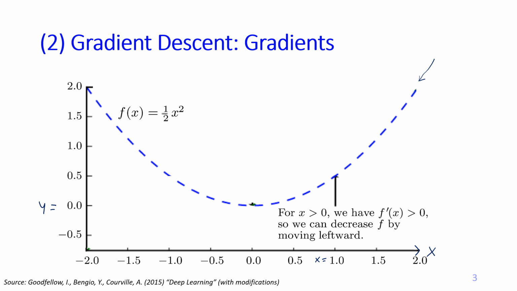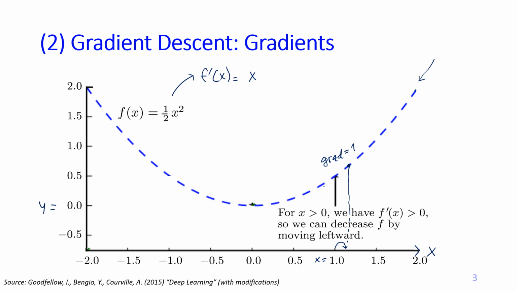The gradient, or the first derivative, is just x, right? So at the point x equals 1, the gradient is positive 1, which means that if we increase x, if we go to the right a little bit, then the function value will go up.